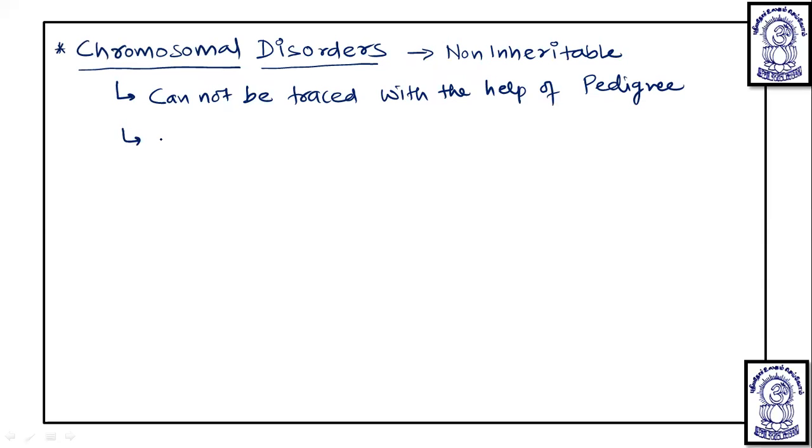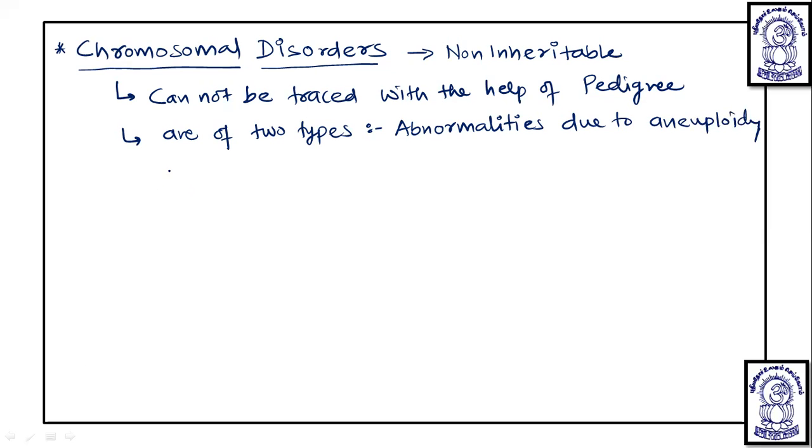And these chromosomal disorders are of two types: abnormalities due to aneuploidy and aberrations, either in autosomes or in sex chromosomes.